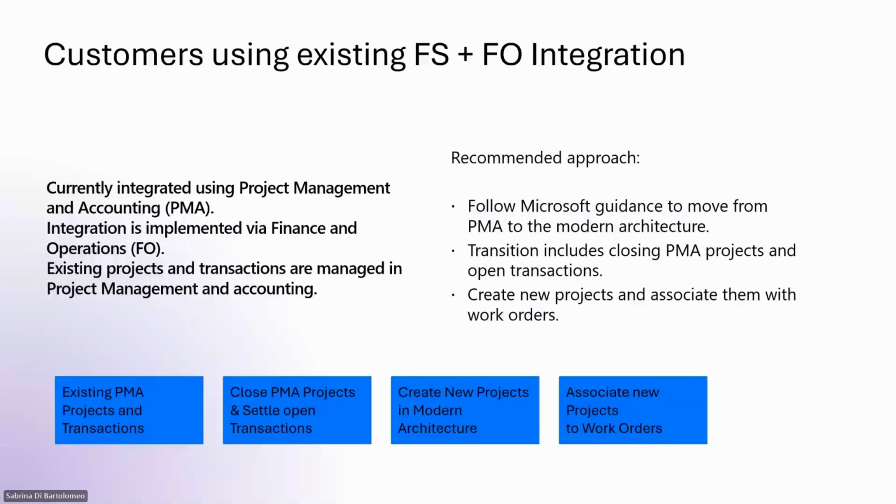For these customers, the recommended approach is not to try to retrofit or extend the legacy model. Instead, the guidance is to plan a structured transition to the modern architecture. The transition involves closing existing PMA projects and settling any open transactions, so financials are clean and complete.